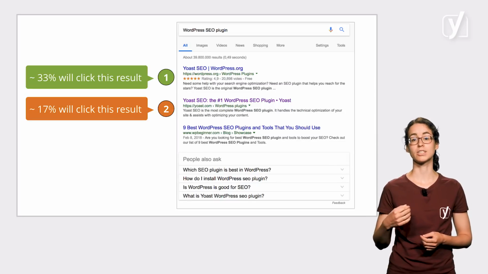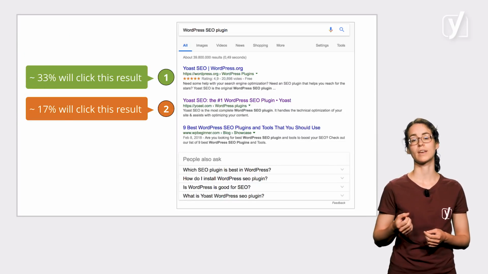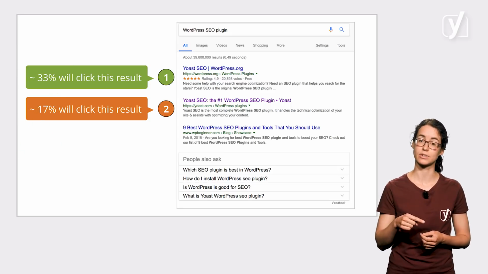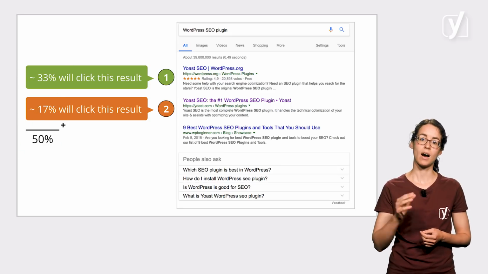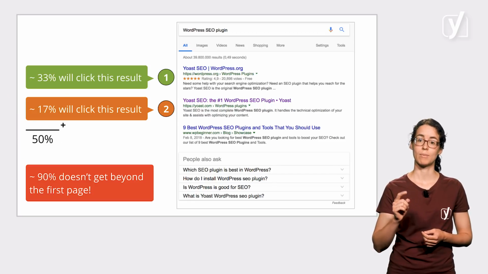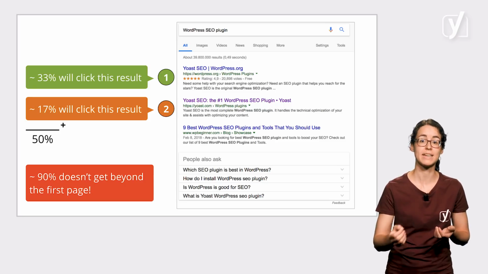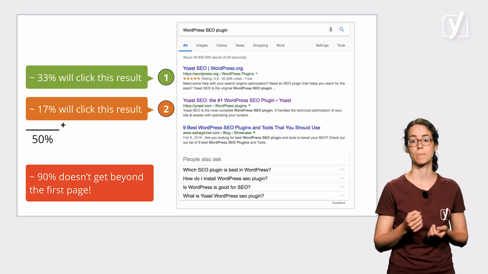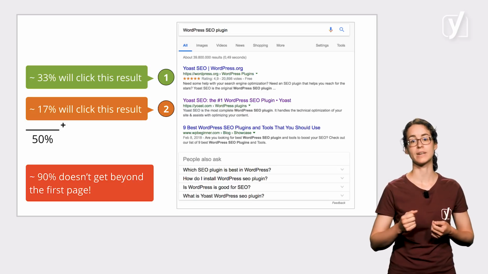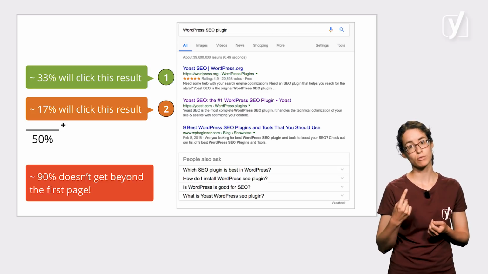Research shows that as much as 1/3 of the total traffic comes from the number 1 result, and 17% from the second result. That means that about half of the searchers click one of the first 2 results. Moreover, 90% of the searchers don't get beyond the first page of the search results. The numbers steadily decline for each result, so being at the top of the search results is hugely important.